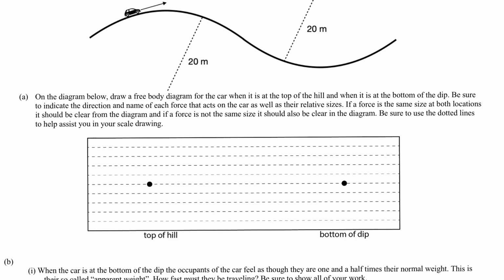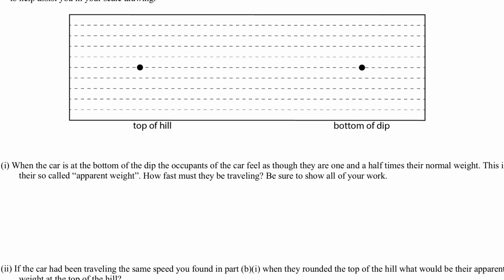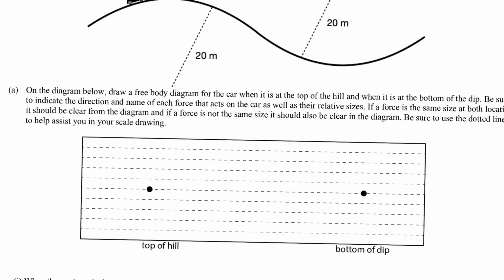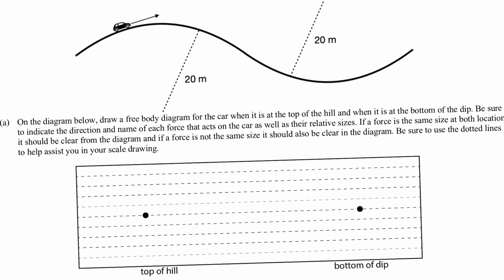Does everybody understand? So, first thing I want to recognize is that at the top of the hill, the unbalanced force has to be downwards so that there can be an acceleration towards the center of the circle. And at the bottom of the dip, there has to be an unbalanced force upwards so that the acceleration can be towards the center of the circle.